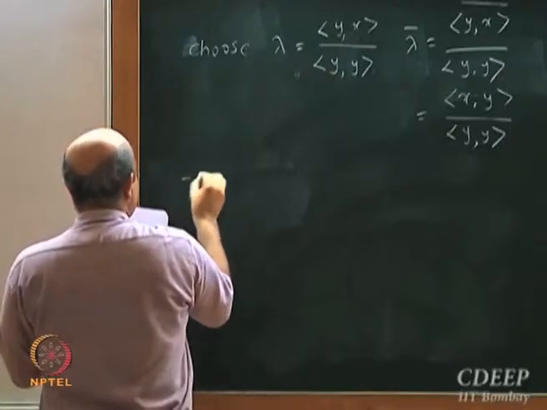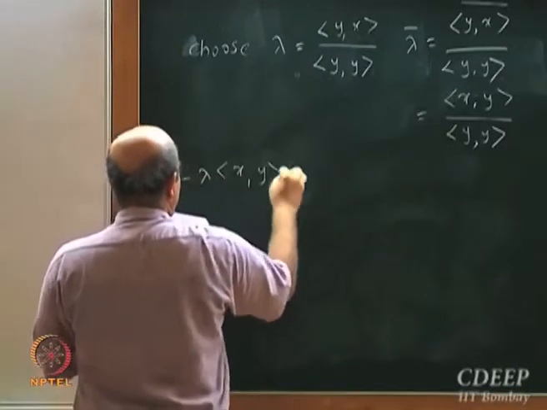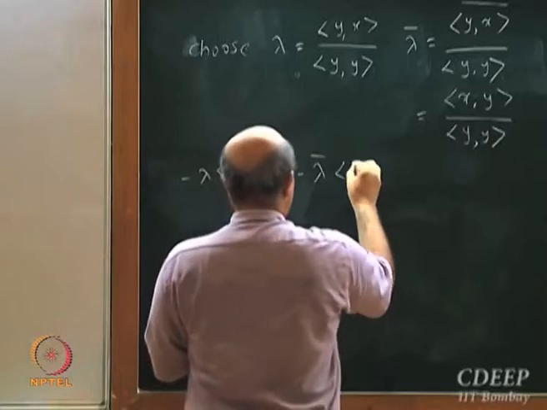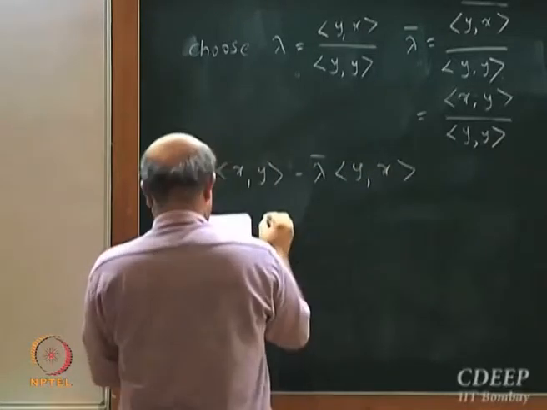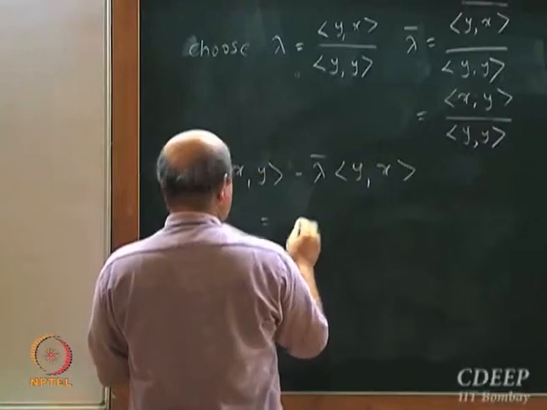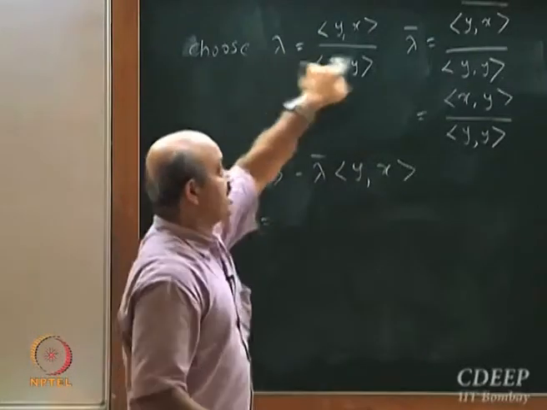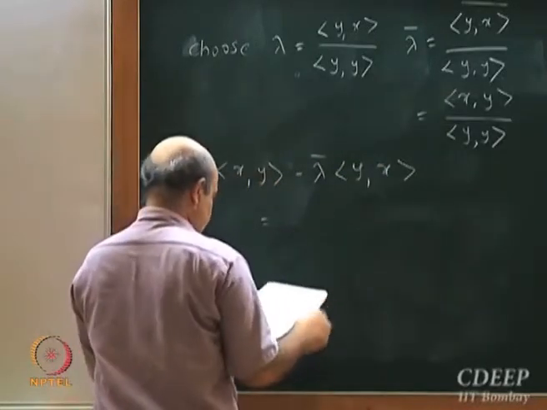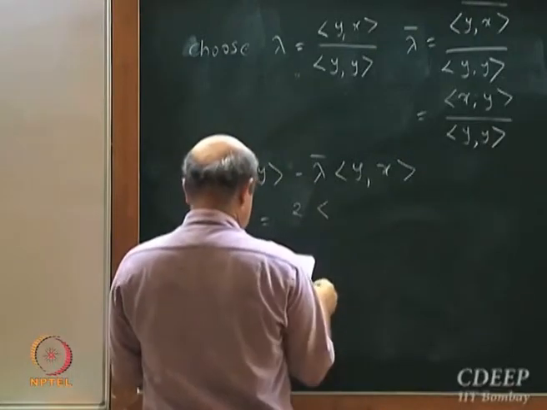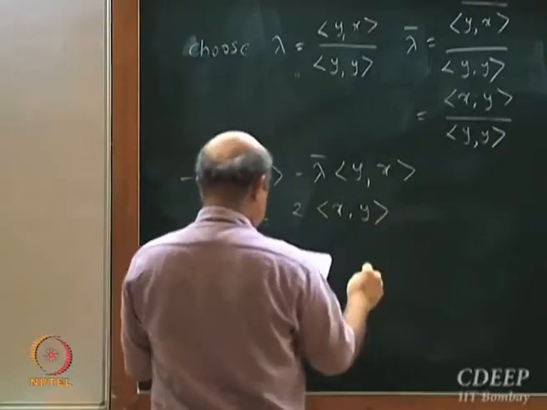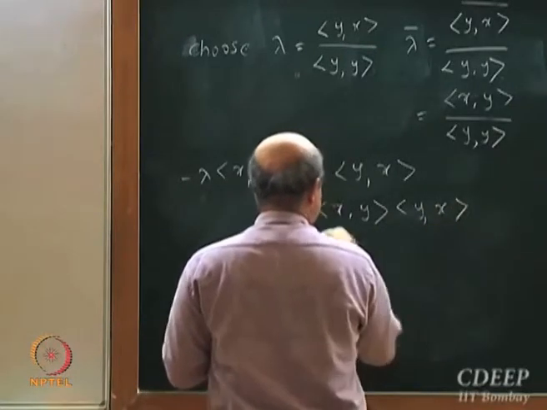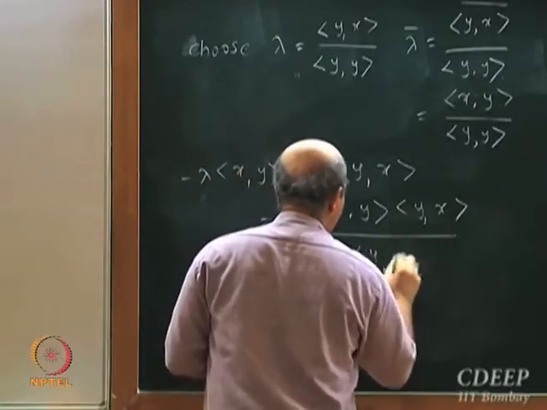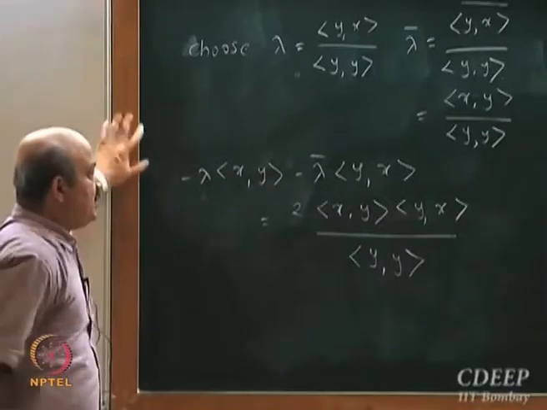So this implies that minus lambda x inner product y minus lambda bar y inner product x, if I just substitute this lambda and lambda bar, then what I'll get is that this is nothing but 2 times x y y x. Just check.